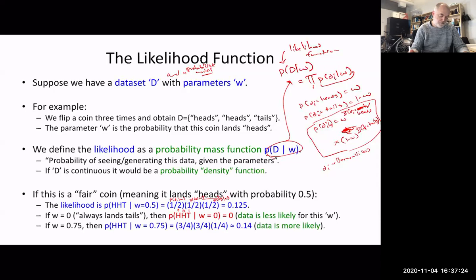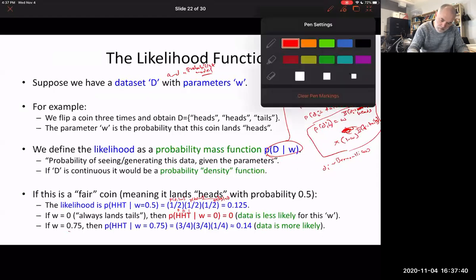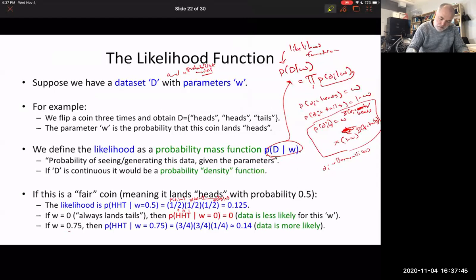If W is 0.75, then we're going to pick off 2 terms of 3/4 and 1 term of 1/4 from here.